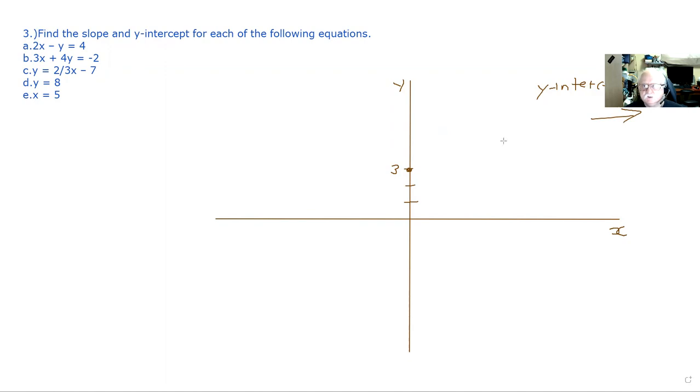So that's what they mean basically by the slope, but they'll also refer to the slope as rise over run. Which more technically means the vertical change divided by the horizontal change.